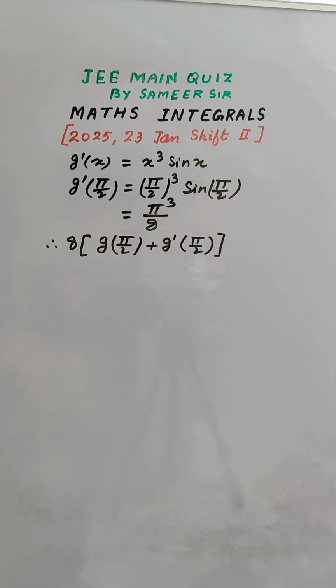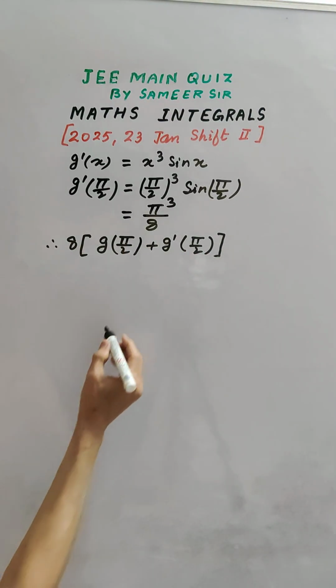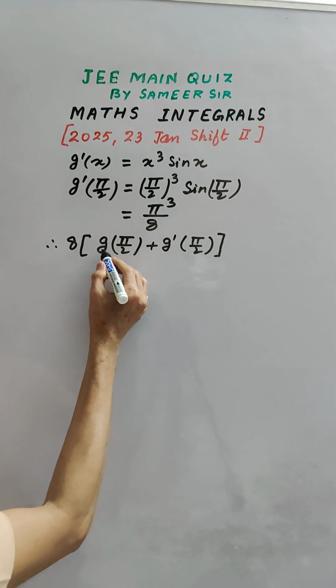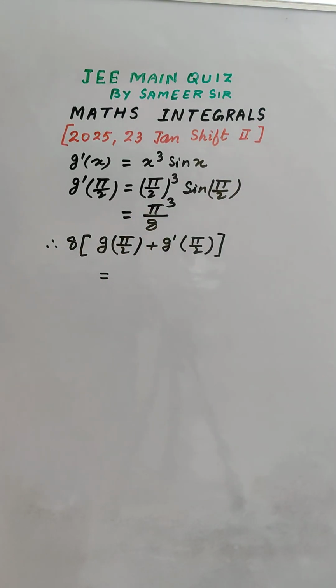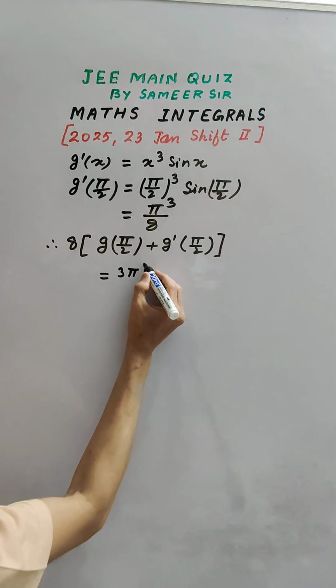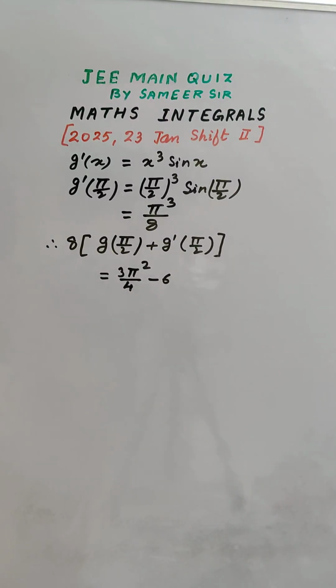therefore 8 into g pi upon 2 plus g dash pi upon 2 will be equal to, for g pi upon 2 we shall put the value 3 pi square upon 4 minus 6, and for g dash pi upon 2 is pi cube upon 8.